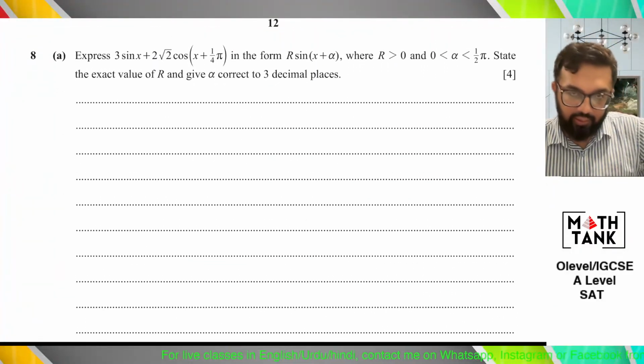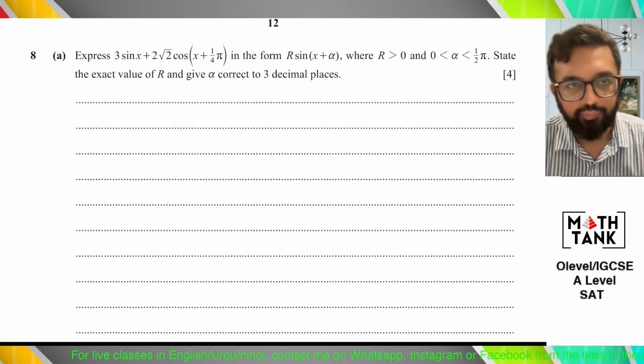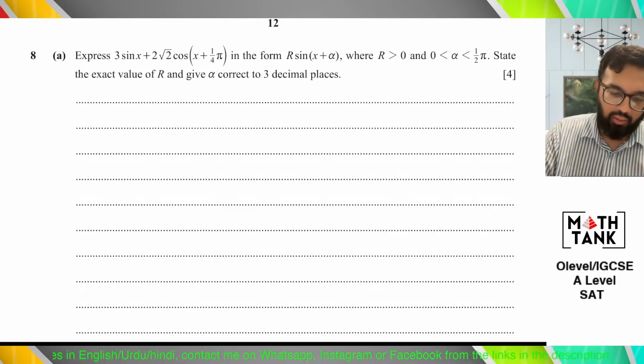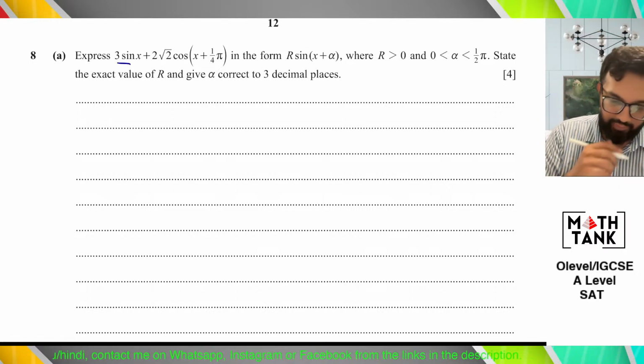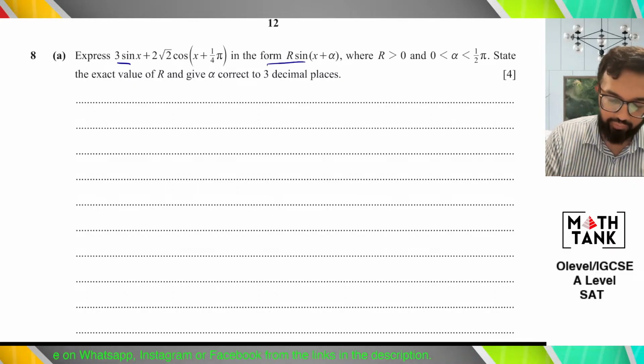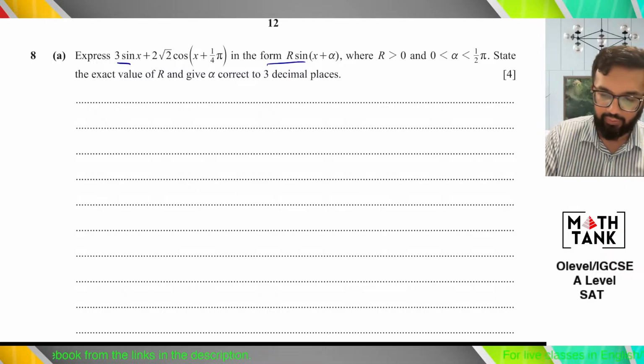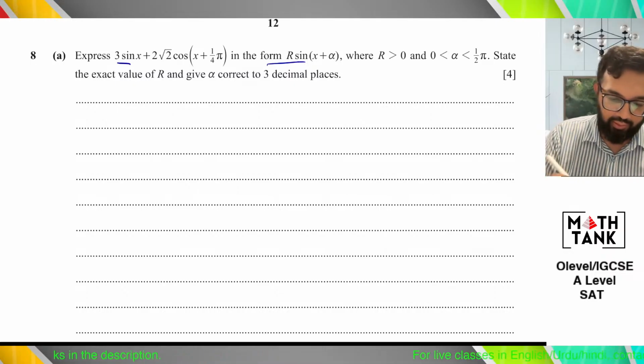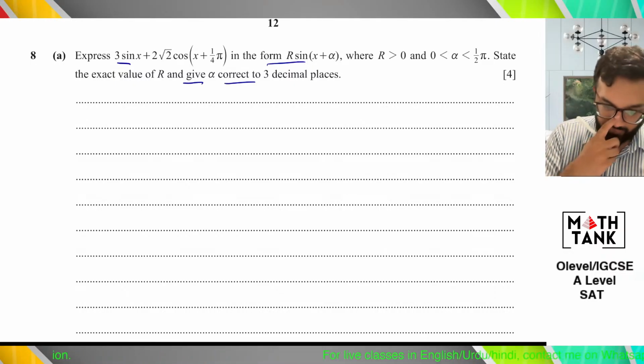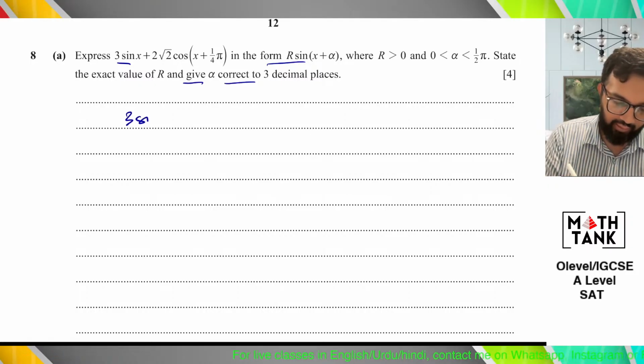Question number 8. Express 3 sin x plus 2 root 2 cos x in the form this, where r is greater than 0 and alpha is between 0 and pi over 2. State the exact value of r and give alpha. तो पहले इसको expand करना पड़ेगा.